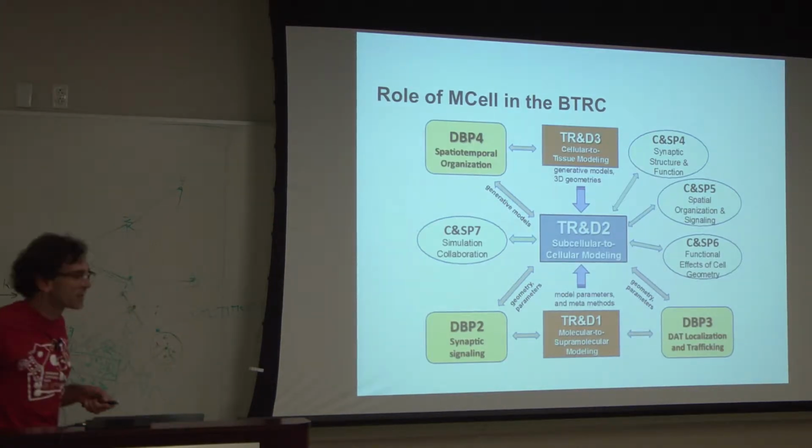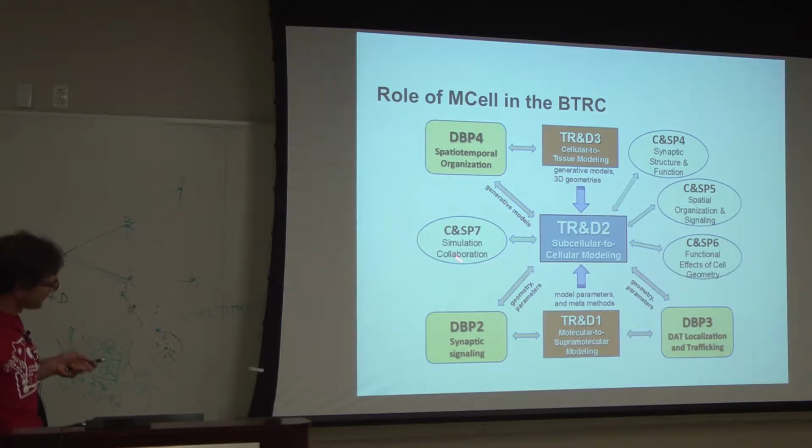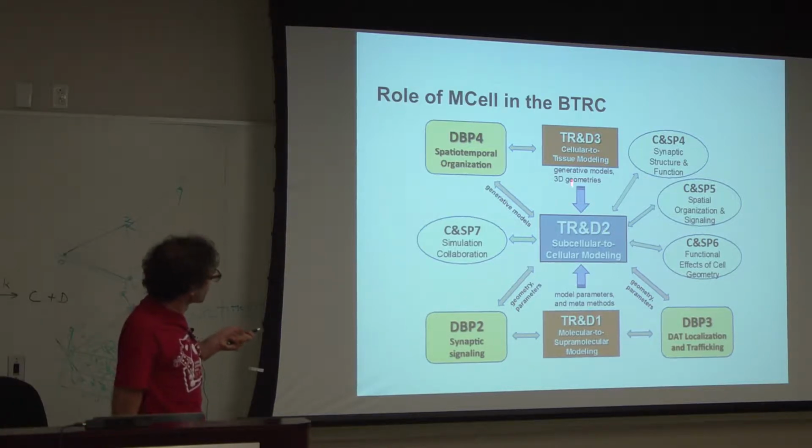And the organization of the project looks something like this. It's our first example of a complex network today that we're going to be talking about, but only very briefly. There are three main components, called technology, research, and development components, of this center that are organized along these scale boundaries.